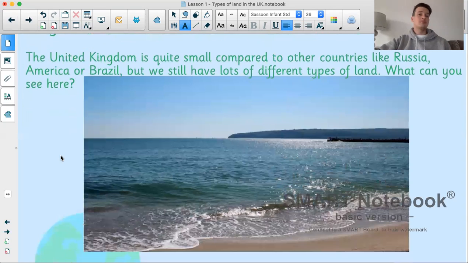Okay, what about this one? We've already kind of talked about something a little bit like this, but we've got land and we're next to the sea, which means we're on the coast, yeah. But also the sea, this is really important. So sea meets land, but it's not surrounded by land.